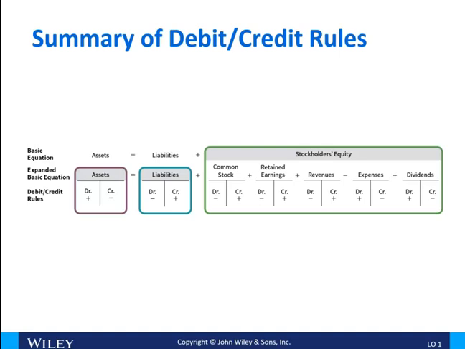Okay, so if we increased an asset, we received cash, for example, we put a plus under the cash. What we're really doing is putting a debit. If we did that because we issued common stock, we would put a plus in the common stock column. That's actually a credit because we're increasing common stock. So using this chart and what we did in Chapter 1, you can see how they relate, and it'll be a good review as you're learning this.